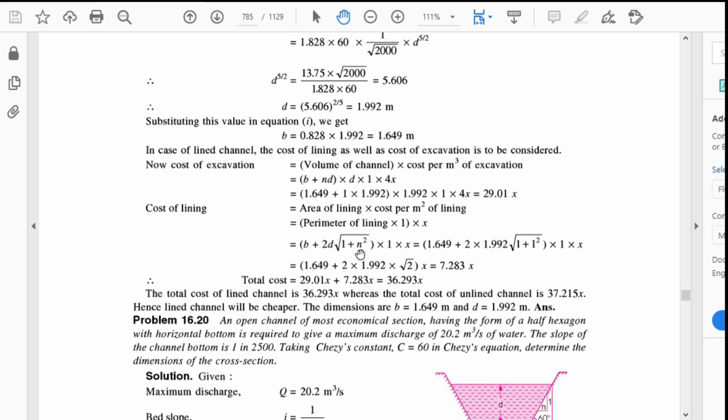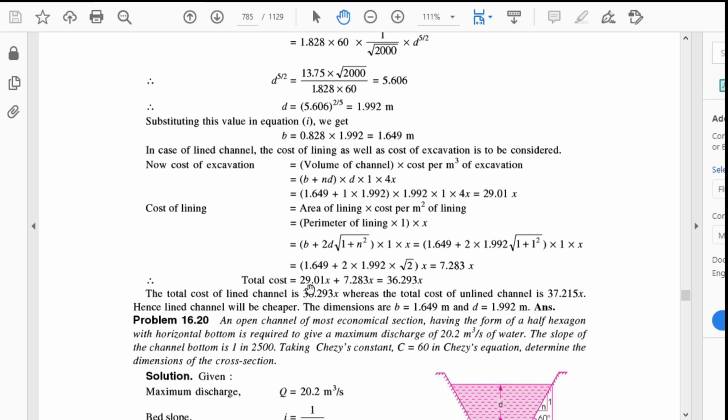Calculate this and substitute the values of B and D in the equation. You will get 7.283 times x. So the total cost for the lined channel will be the addition of the cost of excavation and the cost of lining.